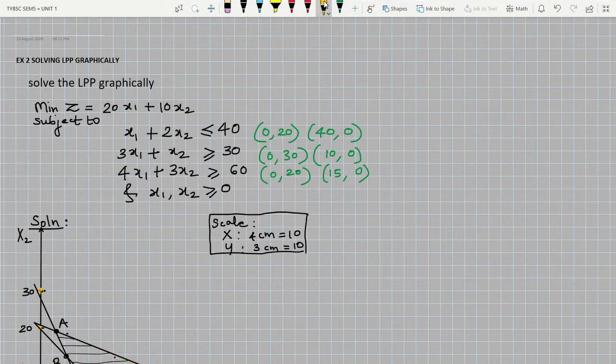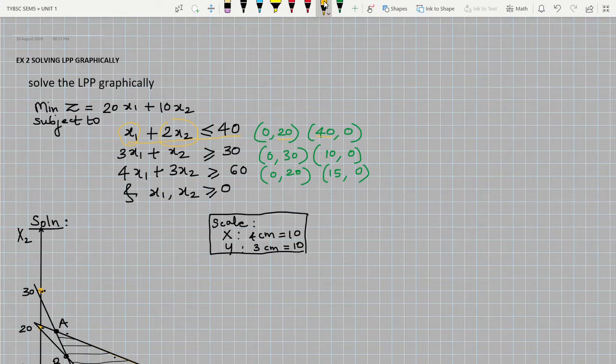You consider the equation x1 plus 2x2 is equal to 40. Then put x1 as 0, you get x2 is equal to 20. Then you put x2 as 0, you get x1 is equal to 40. So like that we get 2 points, 0, 20 and 40, 0, which satisfy the equation x1 plus 2x2 is equal to 40.